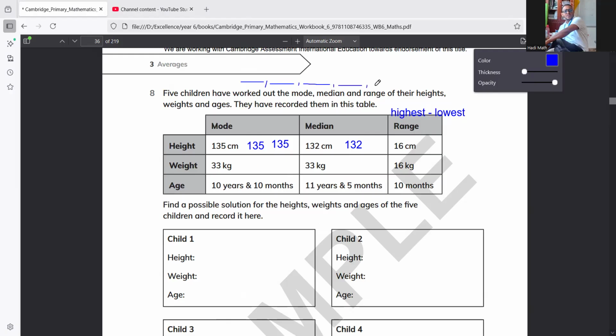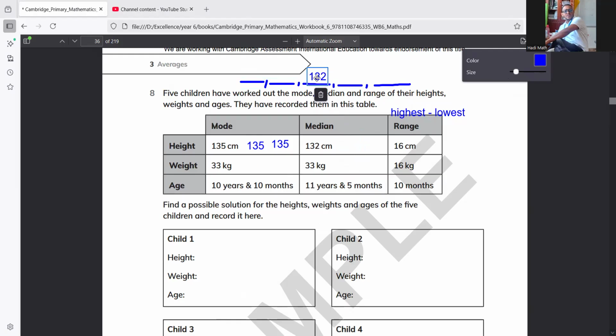And this is the fifth child over here. Let's put each one in its place. Let's say the median is 132. So the child in the middle is 132. So go put 132 over here.